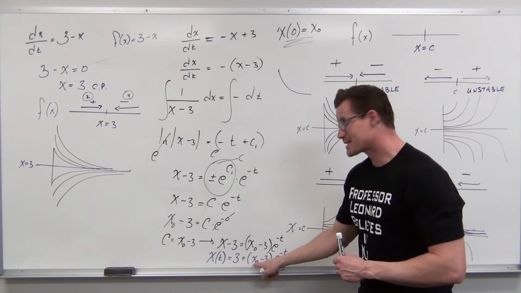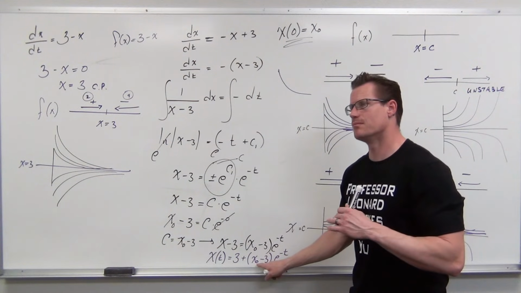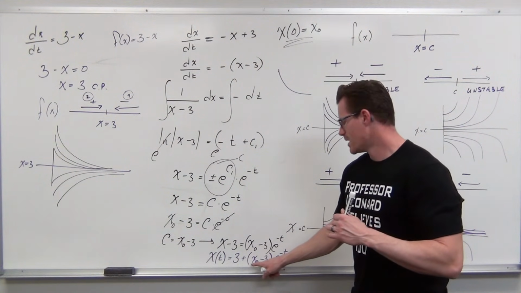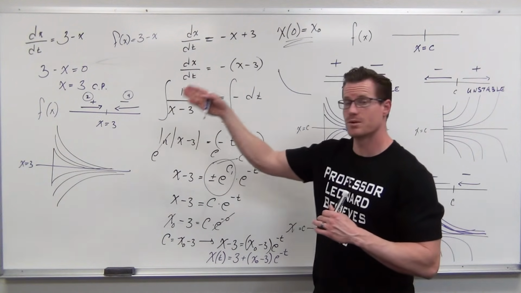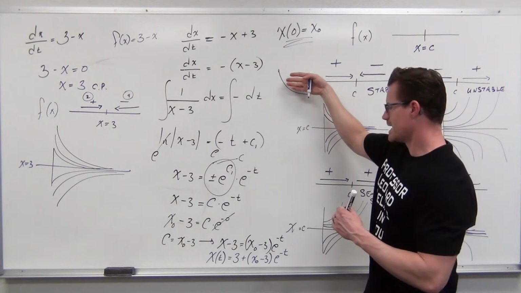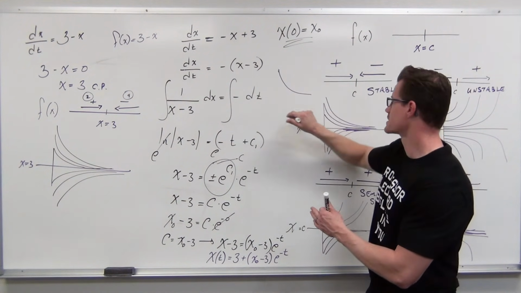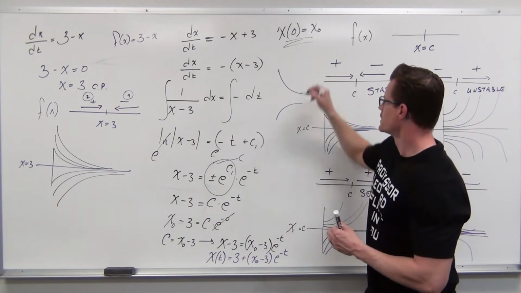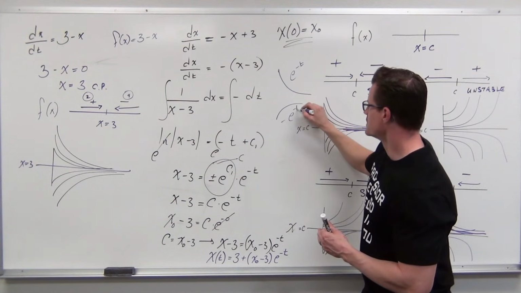If I have something less than 3, again, something less than 3 minus 3 would be negative. So a decaying exponential flipped over. So wait a minute. If I take a negative, remember negatives reflect about the x-axis. It would look like this. This would be negative e to the negative t.